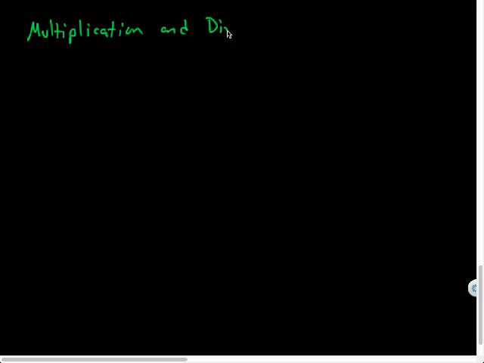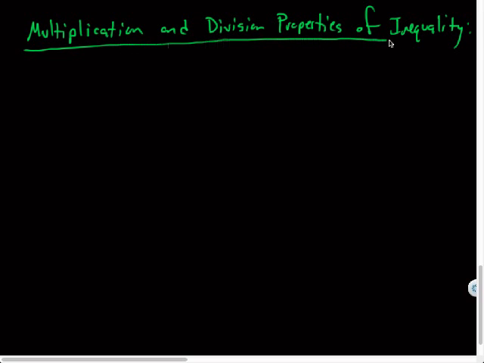Multiplication and division properties of inequality. They land in the same boat because dividing is the same as multiplying by a reciprocal. So oftentimes when you find a property of multiplication, the property of division is very similar to that.